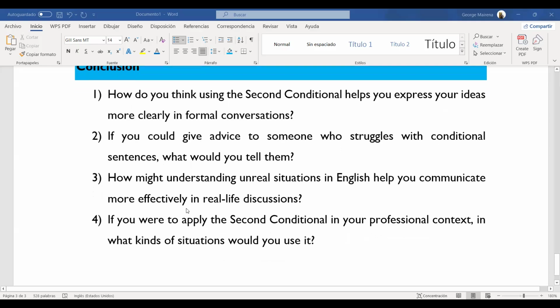Let's see the third question. How might understanding unreal situations in English help you communicate more effectively in real life discussions?